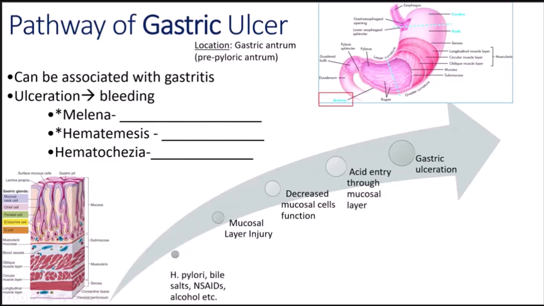Hematochezia. This is different. This is referring to a lower intestinal bleed, whereas these two, relevant to this slide, are an upper intestinal bleed. Hematochezia is where somebody will have a bowel movement and they will see fresh red blood within the toilet.